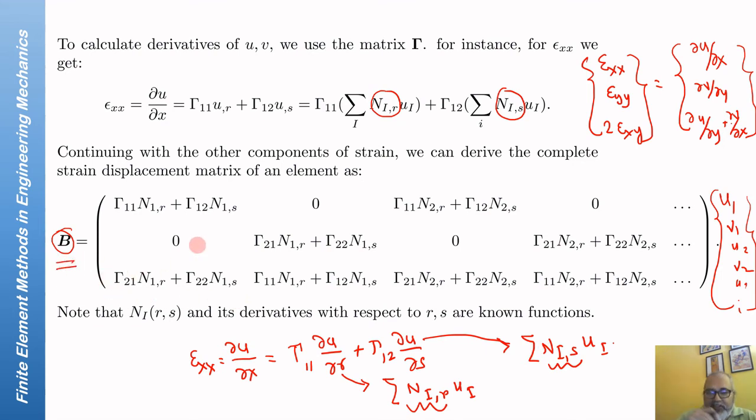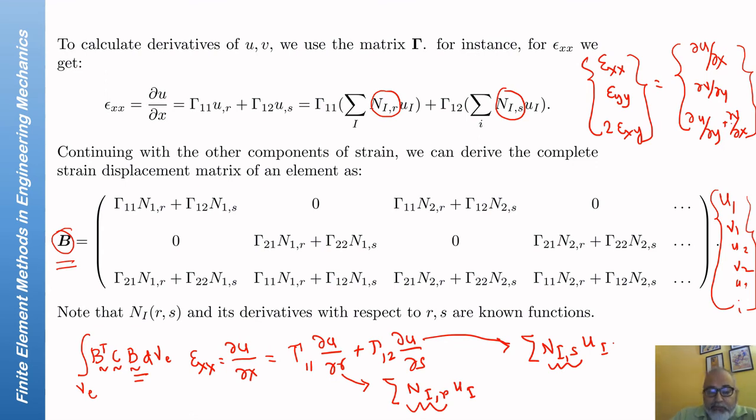Now, once you have this B matrix, your job is done, because your stiffness matrix is the integral over the element of B transpose C B dV. So we have the B here. The C is a constant, which depends on plane stress, plane strain, axisymmetric, or three-dimension, whatever your problem is.